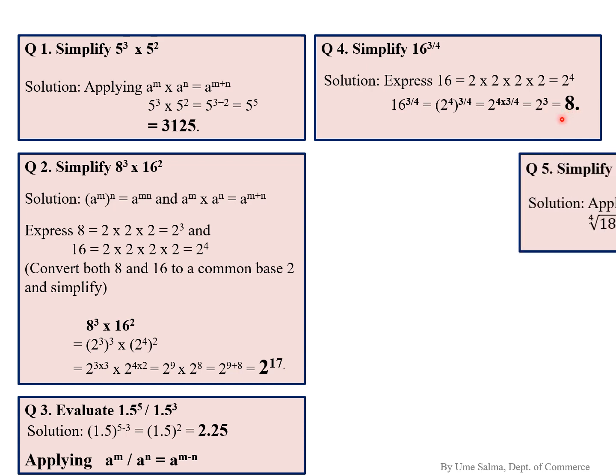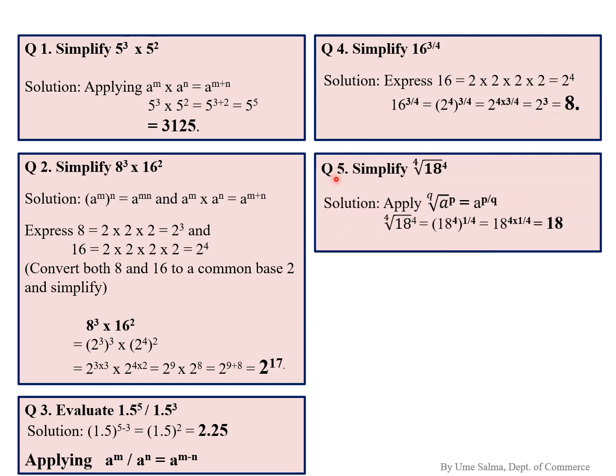Let us look at the next problem. Simplify the fourth root of 18 to the power 4. This is another law which we have listed in the other laws. Apply this law: the qth root of a to the power p can also be written as a to the power p by q. The root here goes to the denominator. As this problem has a fourth root, you are going to take 18 to the power of 4 whole to the power of 1 by 4.